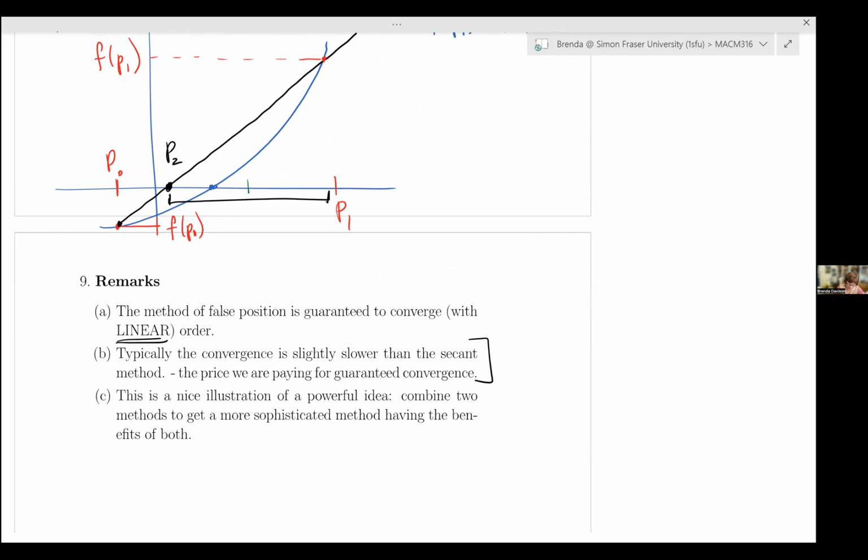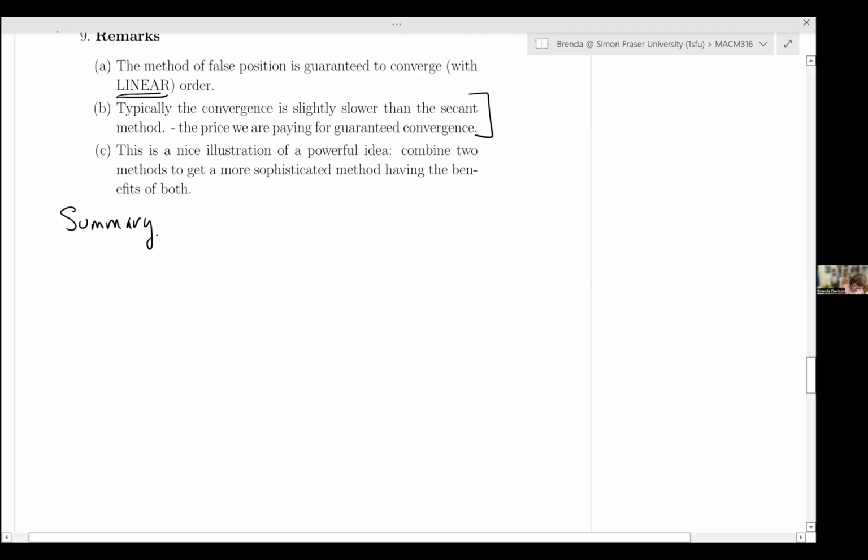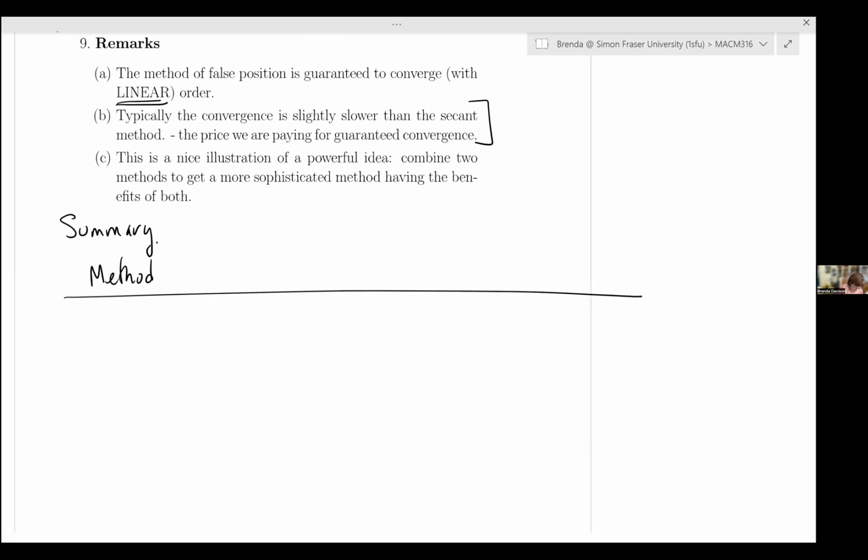So this is sort of nice. We've combined a couple of different ideas, bisection with the secant method, to get a more sophisticated method having the benefit of both. So what we're going to do right here is just get a summary of the methods that we have seen. Summary. Okay, let's list the methods that we've seen for finding roots.